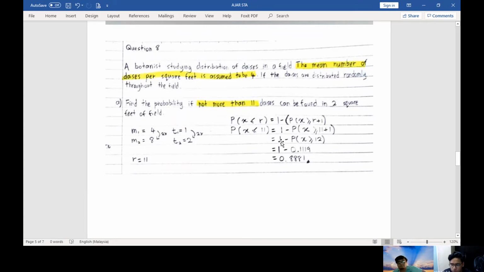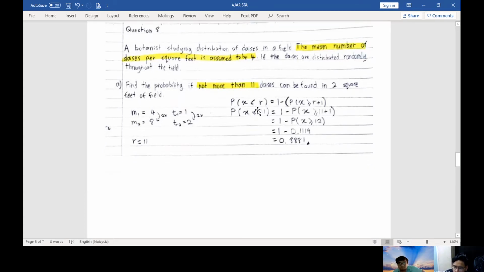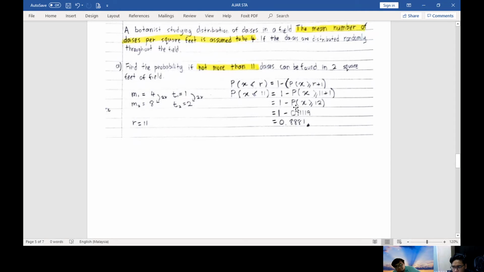R will be 11, because not more than 11. 11 plus 1 is 12, and from here P(X more than or equal to 12), we need to find the value from the red book, statistical tables.